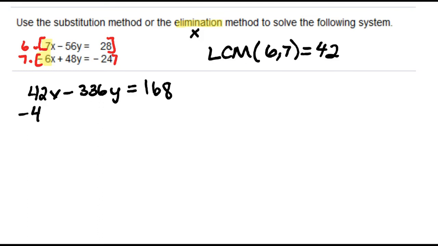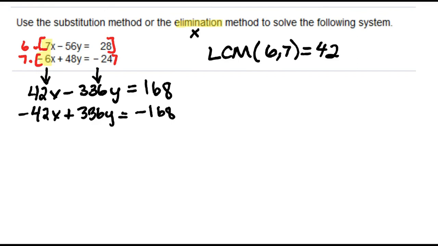That would give me a negative 42x plus 336y equals negative 168.